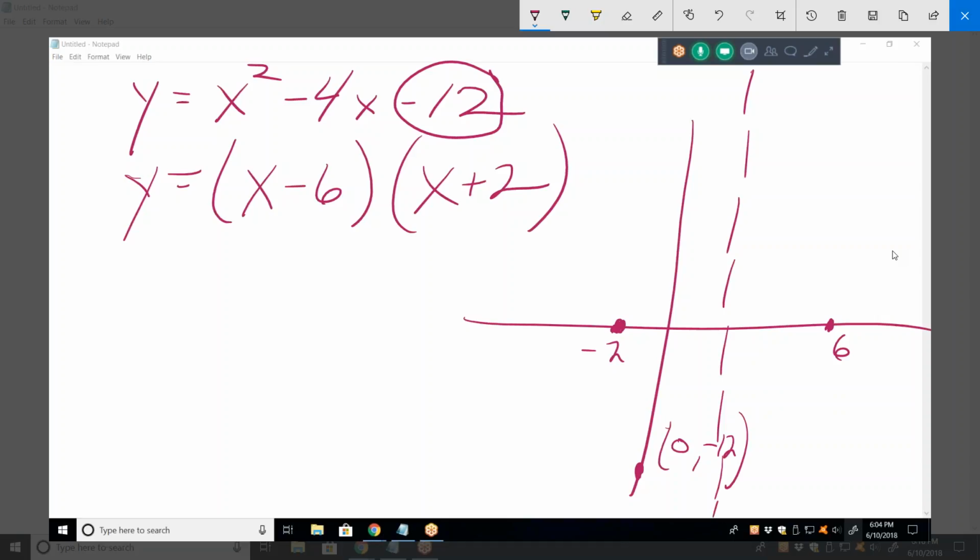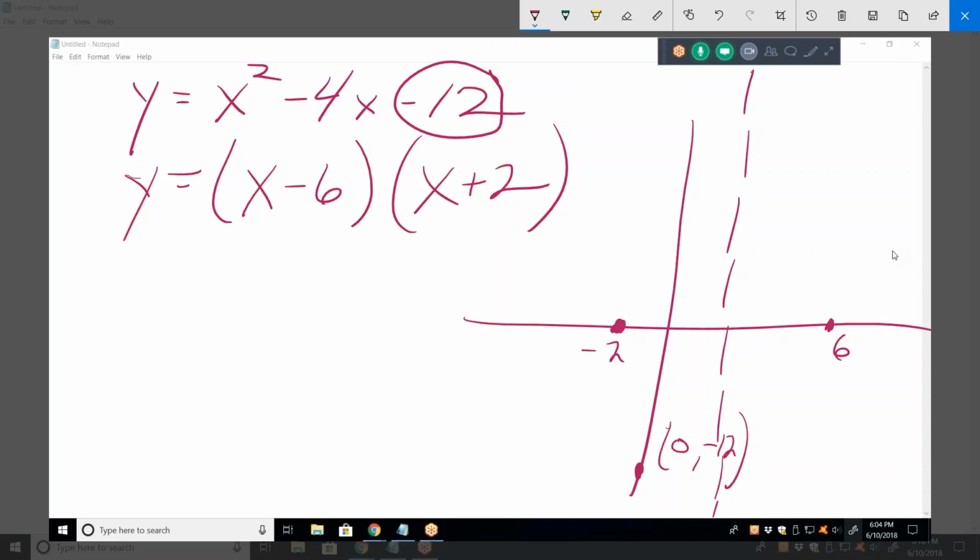So -2 and 6 are my two values, so in between those, 0 and 4? Or no. 4 is not the correct value. When you're trying to find a number that's halfway between two numbers, just add the two numbers and divide by 2.